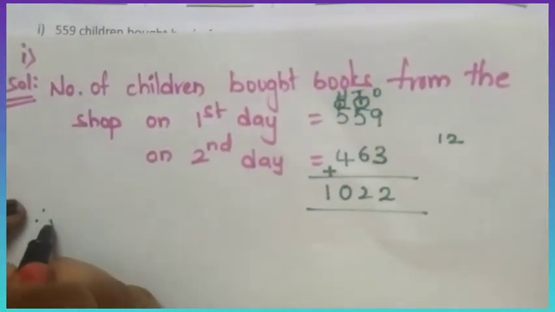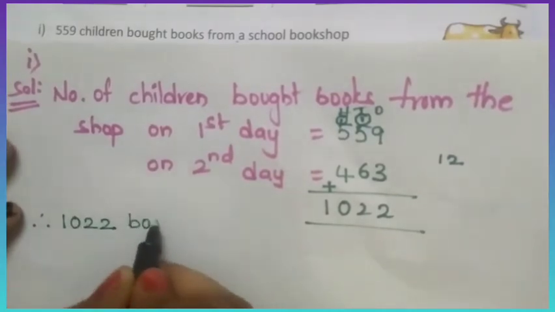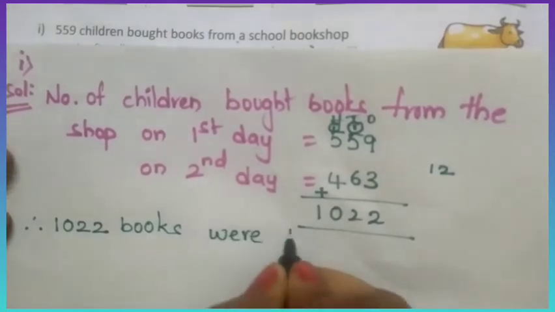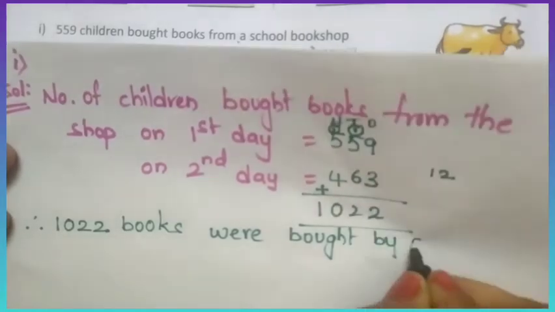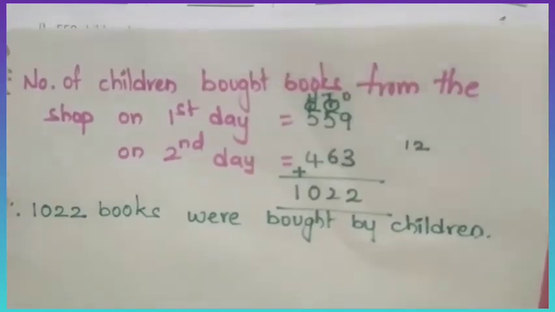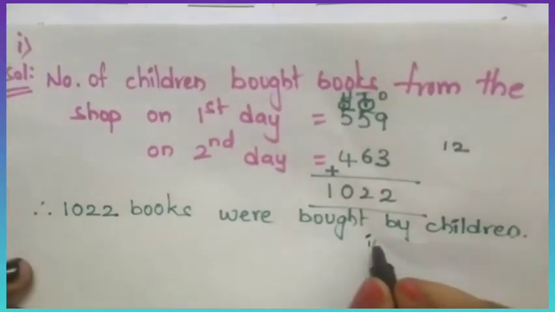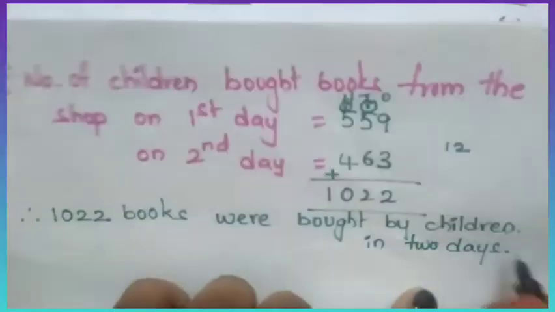So therefore 1022 books were bought by children in 2 days. Okay, this is I answer.